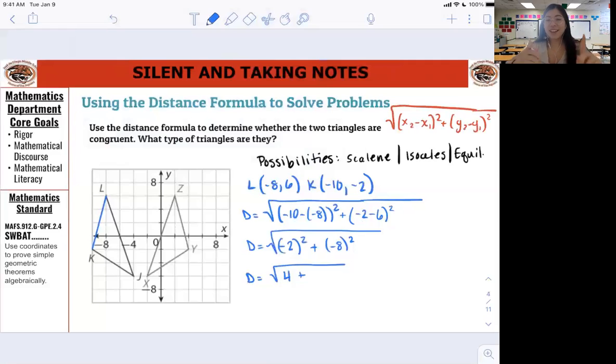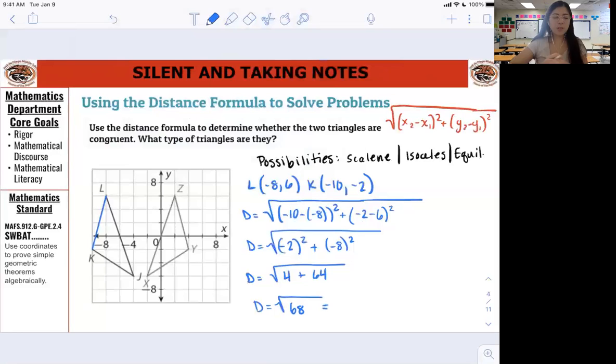Clean slate, -8 to the power of 2. 64, there you go. 4 plus 64? 68. Use your calculator. Square root of 68. Reels is right.